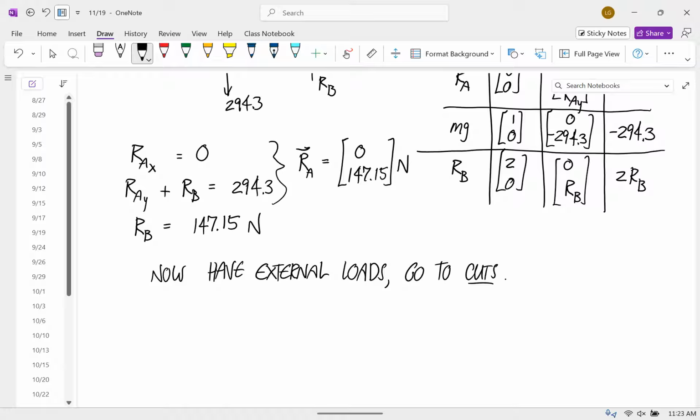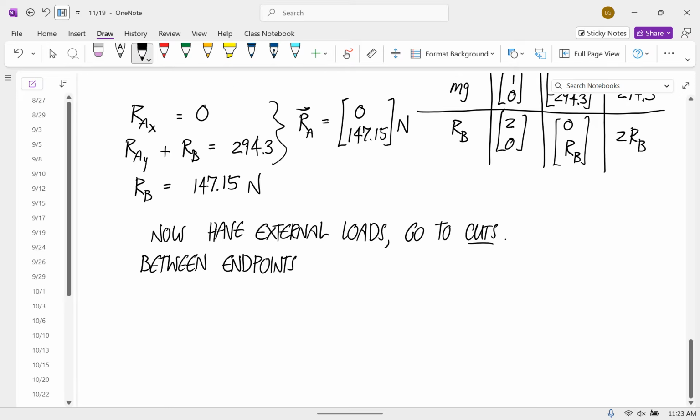And we have to think, how many of these cuts do we need? So between the endpoints, we have no point forces.